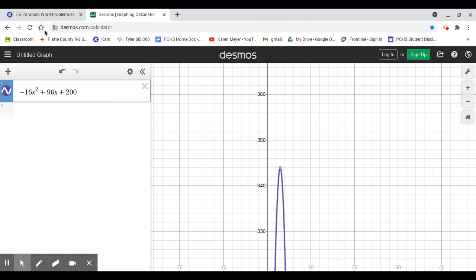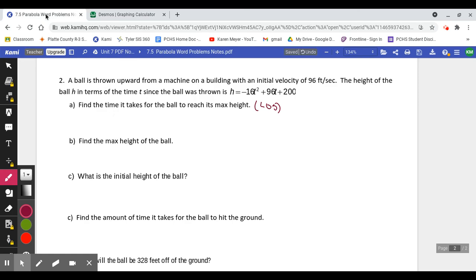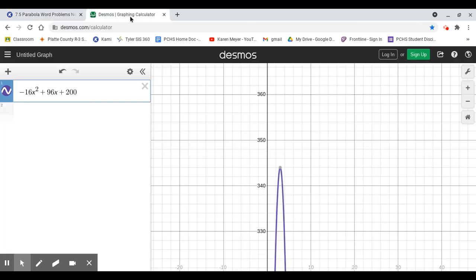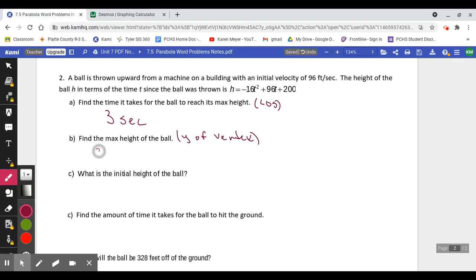So that would be 3. It'll take 3 seconds to reach the highest point. Find the max height. That's the y of the vertex. If I go back to my vertex, the y number is 344. So 344 feet.